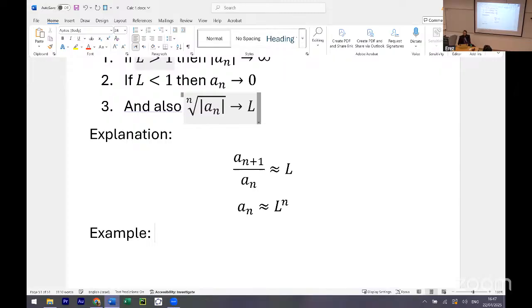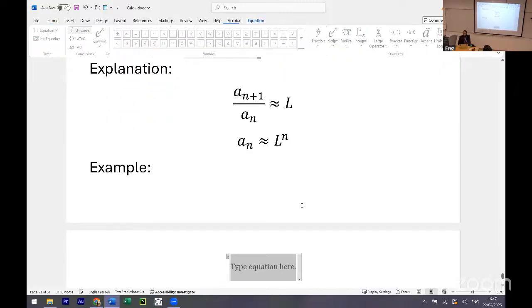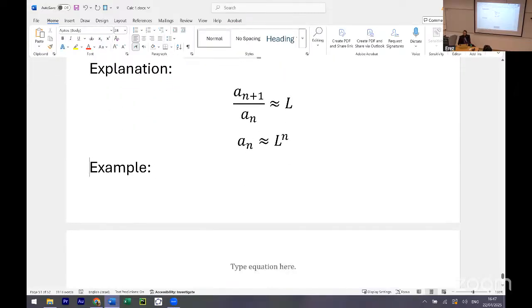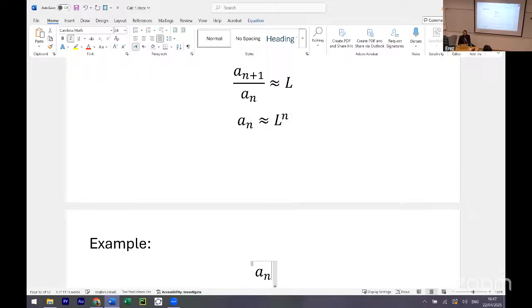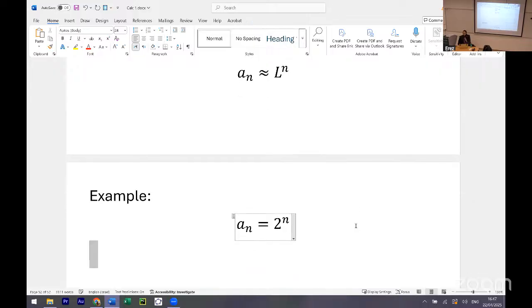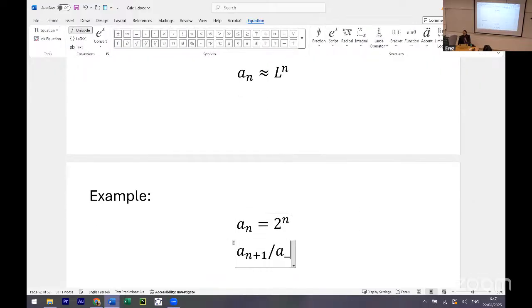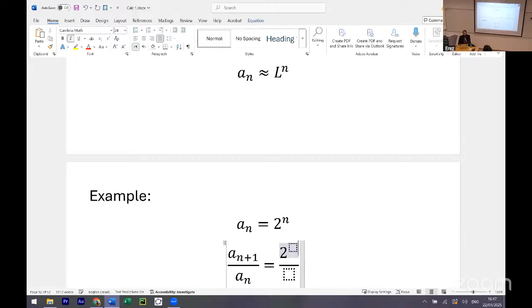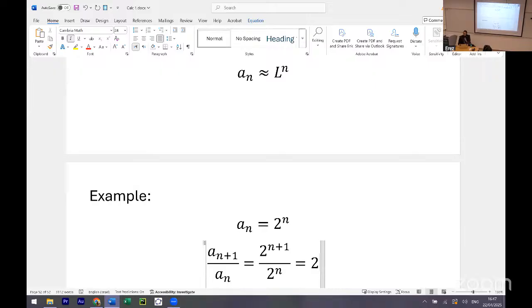I'll start with a silly one, and I'll tell you why it's silly and why I started with it. Say your sequence is 2 to the power of n. Then what is the quotient? It's 2 to the power of n plus 1 over 2 to the power of n, which equals 2, which is larger than 1.